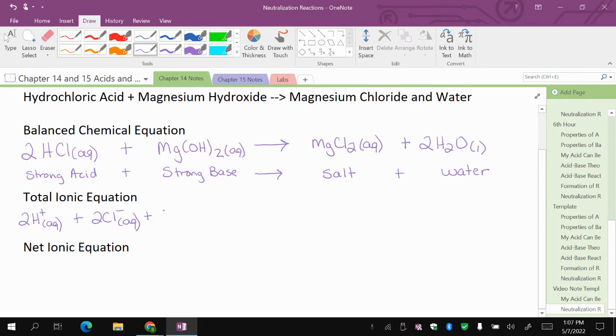Magnesium hydroxide is magnesium cations, and hydroxide anions, and that subscript of a 2 is not part of the formula for hydroxide. It's telling us that there are 2 hydroxide ions.